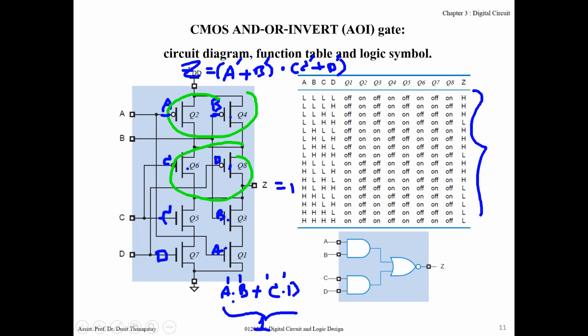But based on this condition, it will make the path connect output to ground, namely the output becomes 0. But this expression is 1, so you must invert it to complete the function. Namely, the output Z equals the invert of A and B plus C and D. That's all.